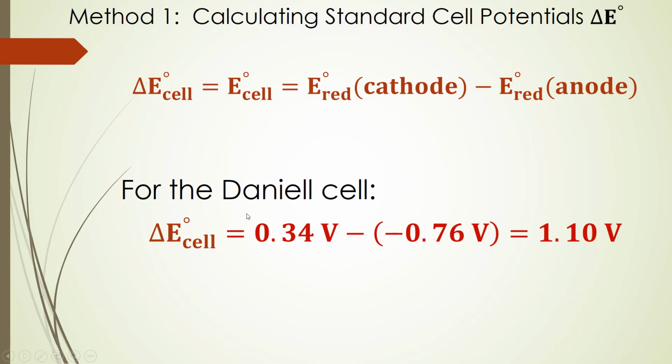So for the Daniell cell, 0.34 volts for copper, that's the cathode, and then minus the value for the zinc reaction in the anode, which was negative 0.76. We can find that on the chart. We're just going to translate it directly from the chart. So 0.34 minus negative 0.76, that's going to make this term positive. We're going to end up with 1.10 volts overall for the cell potential.